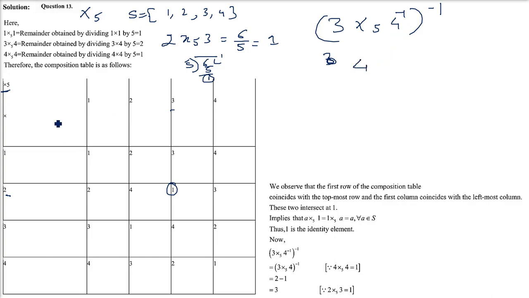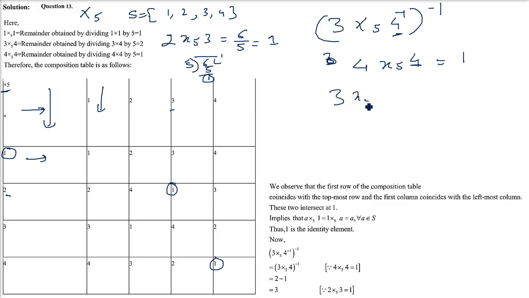The first row and second row are same because the operation is with 1. First column and second column are same because the operation is with 1. So 4 operates with what value so that you get 1? That is how 4 inverse is found. So 4 is operated with 4, then you get 1. 4 operated with 4, you get 1. So 4 is the inverse of 4. So in the place of 4 inverse, you are going to put 4.